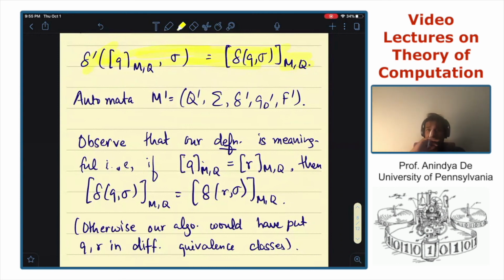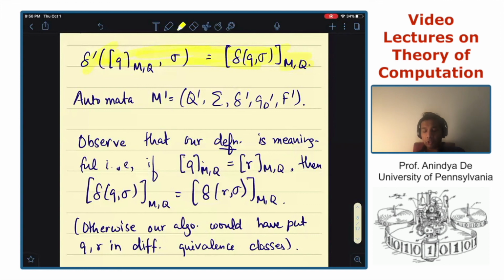Then by definition of R_{Q,M}, q and r should also be in different equivalence classes, which they're not. Which means that if [q]_M equals [r]_M, then the equivalence classes of delta(q, sigma) and delta(r, sigma) are also the same with respect to this equivalence relation.